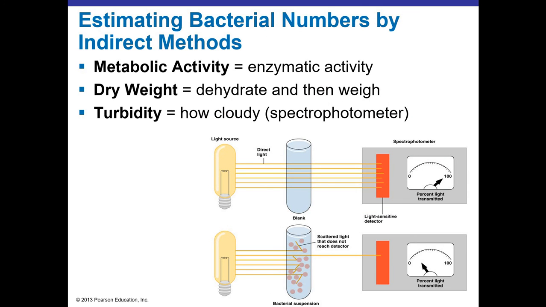So those were the direct methods, but we can also do indirect methods that give us an estimate of bacterial numbers. We can do things like metabolic activity. So this can be based on enzymatic activity. If you have the same bacteria and you grow them under different conditions, you can compare the enzymatic activity for a specific enzyme, say for example lipase.